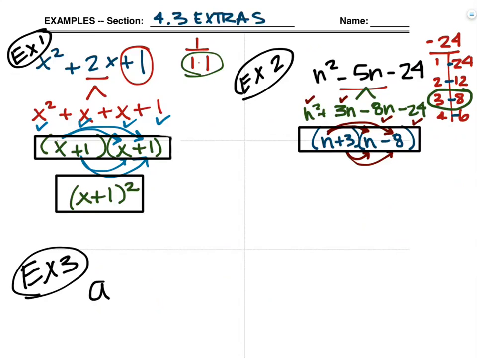So in this equation, I have a squared plus 5ab plus 6b squared. So if I take a look at this, actually I'm going to move this so I have a little bit more room.